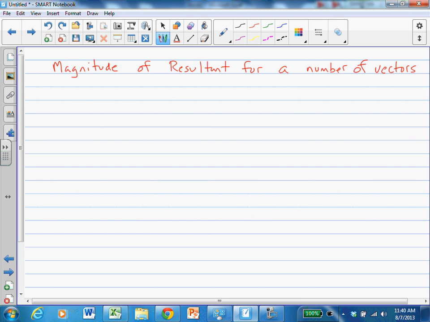You find all x and y components of each vector.